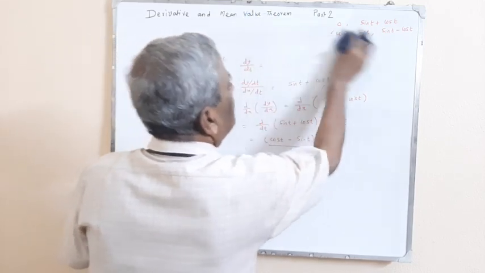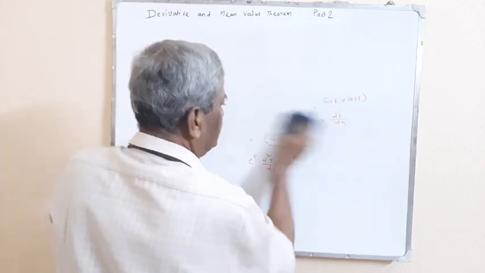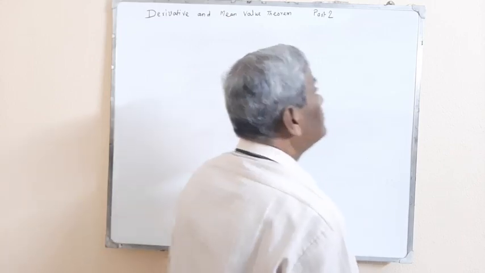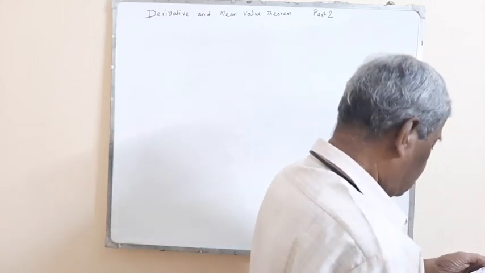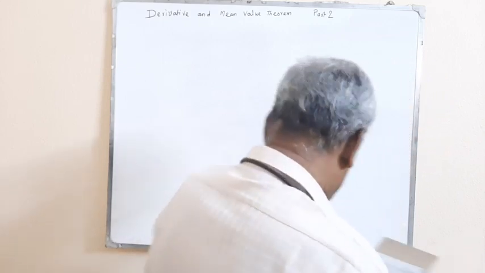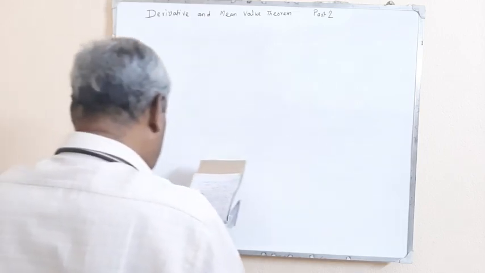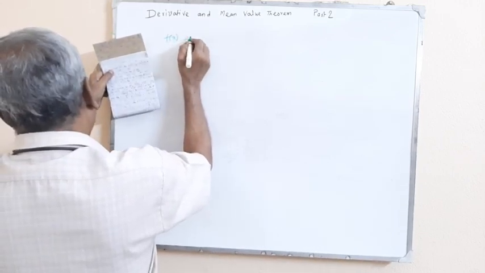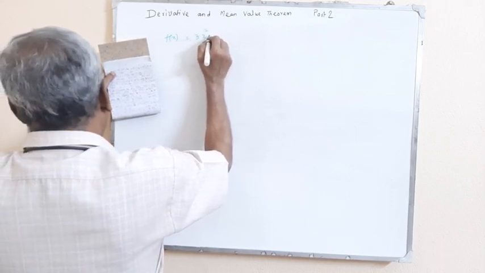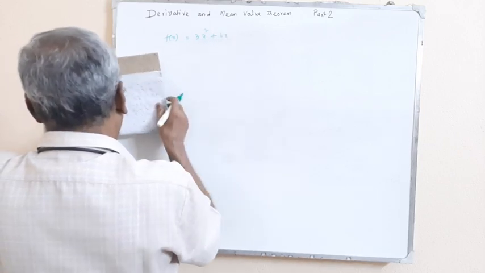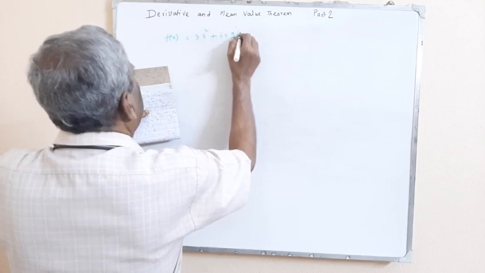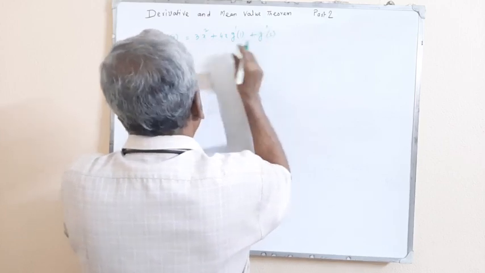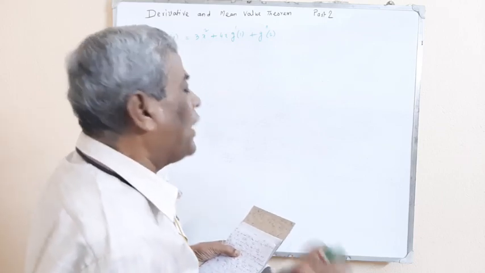Next, if f(x) is equal to 3x square plus 4x into g dash 1 plus g double dash 2. g dash 1 means derivative of g(x) function, and now put x is equal to 1.